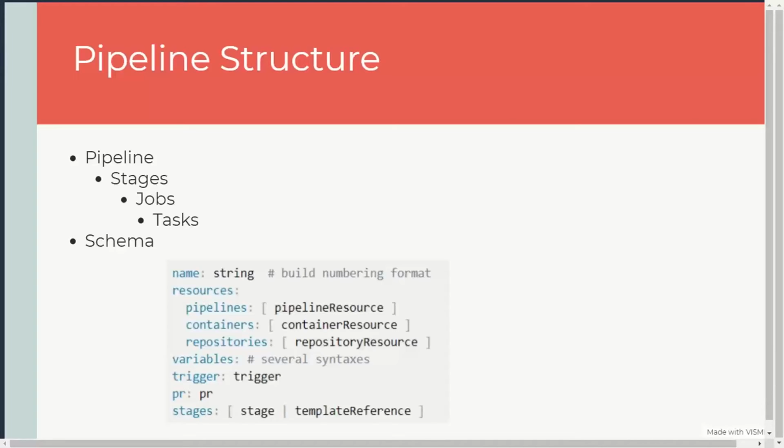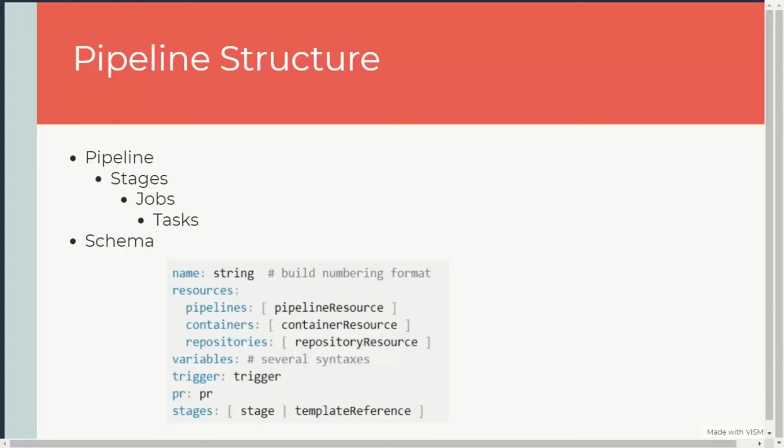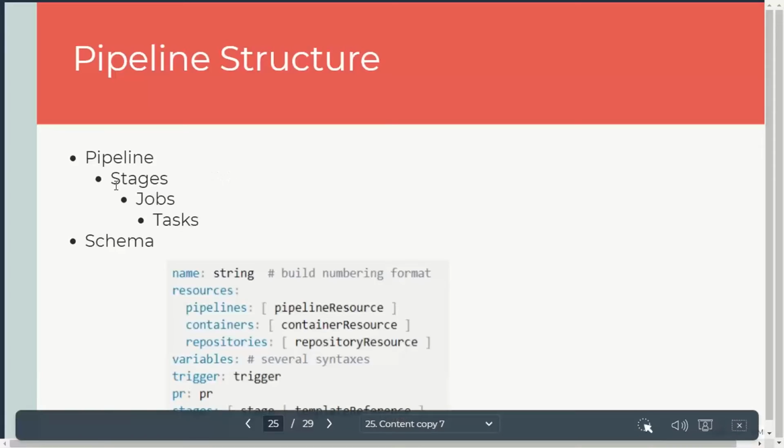For the pipeline structure, you might already know it, because when we saw the hello world application, we saw it there itself. The pipeline is broken into many stages, each stage will have jobs, and the jobs will have the steps, scripts or tasks. The stages will run sequentially, but the jobs can run in parallel.